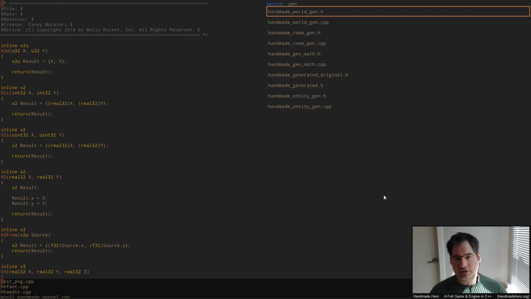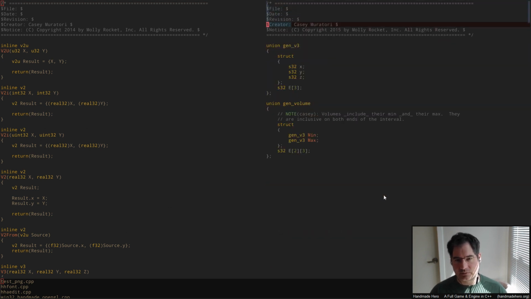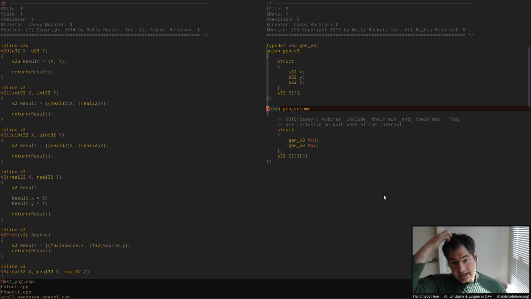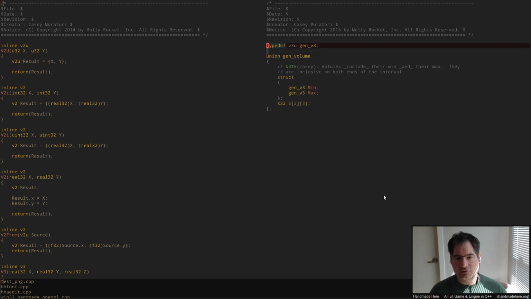So if we take a look at our gen math, you can see we've got this union Gen V3 here. I'm going to go ahead and typedef a Gen V3 to a V3U because I want to now make this a first class citizen there. I know those are S32s, so I guess this is really a V3S. But I'm also fine with that. I don't really care if it's a U or an S in this case. So I think that'd be fine.